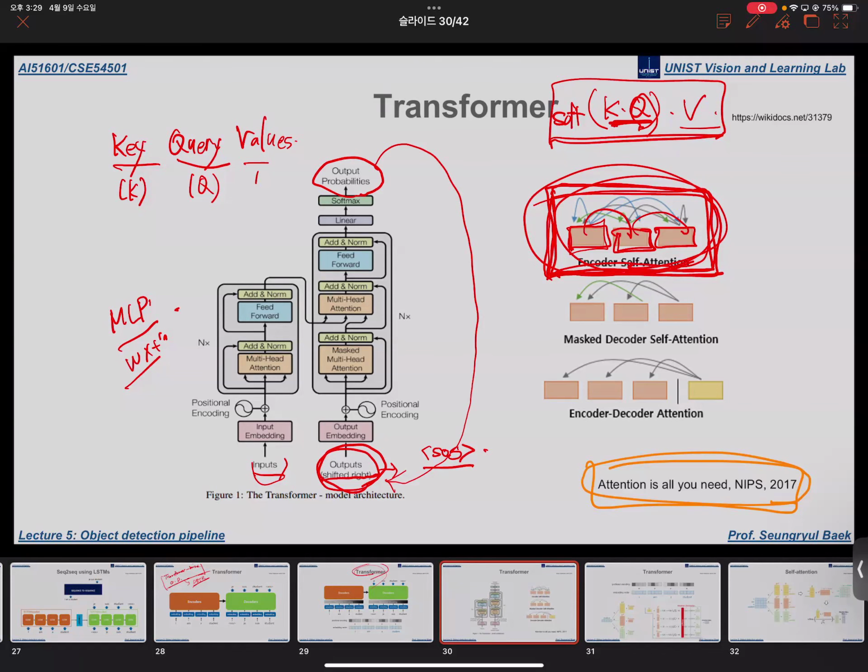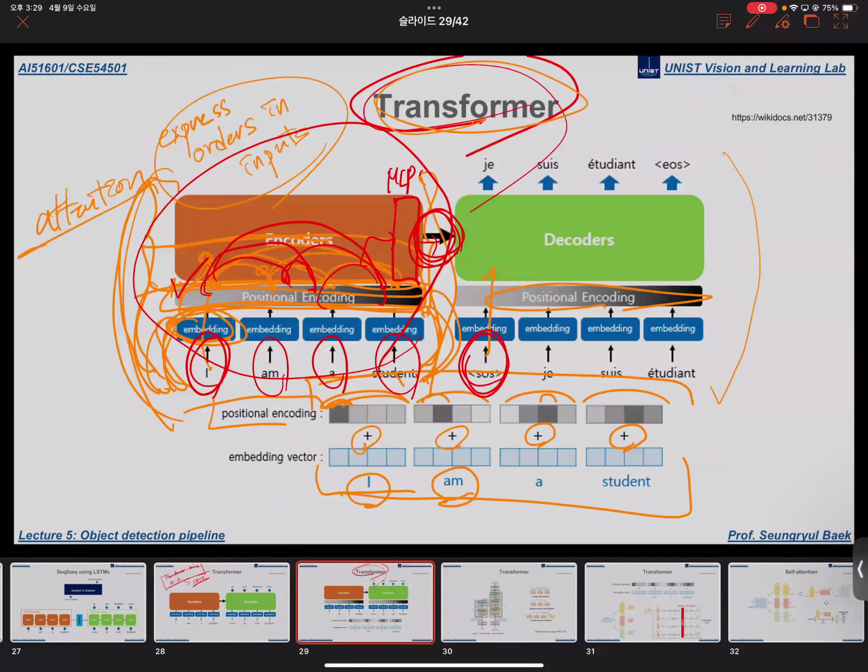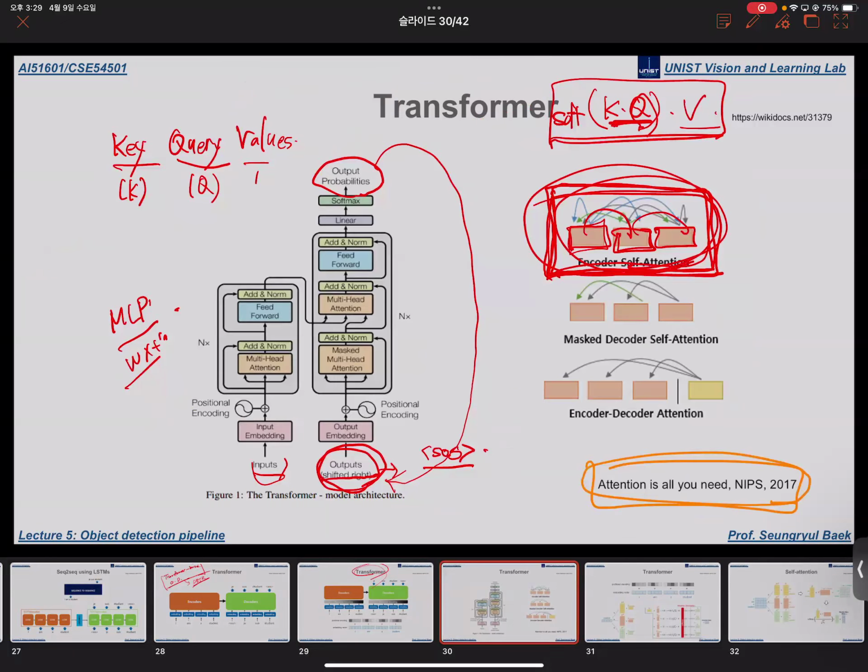Okay? As I mentioned here, first the starting token was input to the decoder, but at the next round, the first time step's output is also input to the decoder. So that is what shifted right means here.